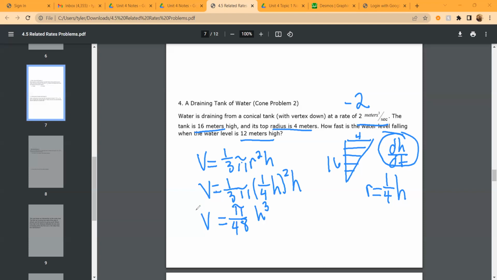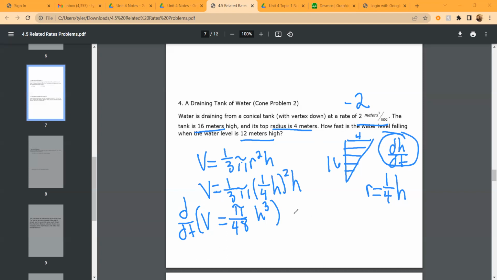Super gross. Now we're going to take this derivative with respect to t, because we're trying to find this instantaneous rate of change at this specific instant. Notice the time's not mentioned here at all, but we're trying to figure out when specifically this is happening, and that's why it's d/dt.